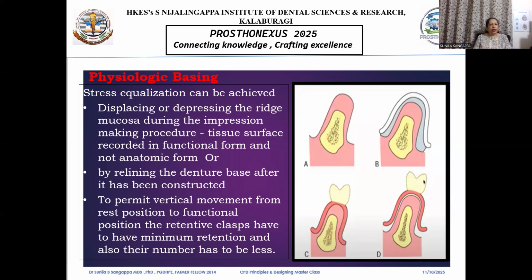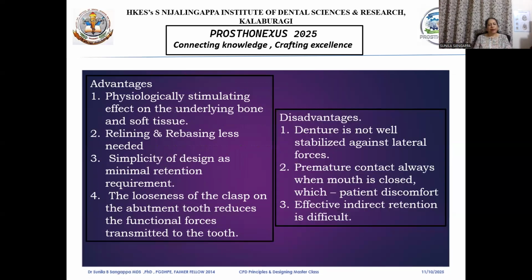We can also try to reline the denture base after it has been constructed for ensuring stress equalization. As seen here, in function, the prosthesis is properly fitted, but at rest, it lifts up. Therefore, to permit vertical movement from rest position to functional position, the retentive clasps have to be minimum, and also the number has to be less. Again, note the advantages and disadvantages of this philosophy.